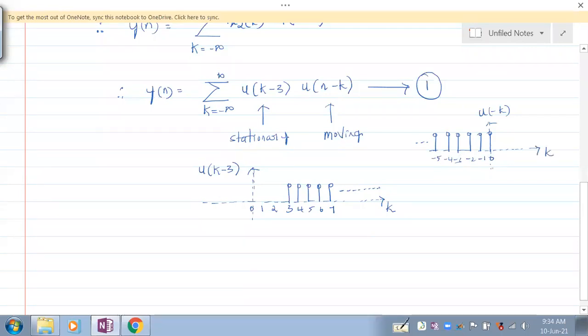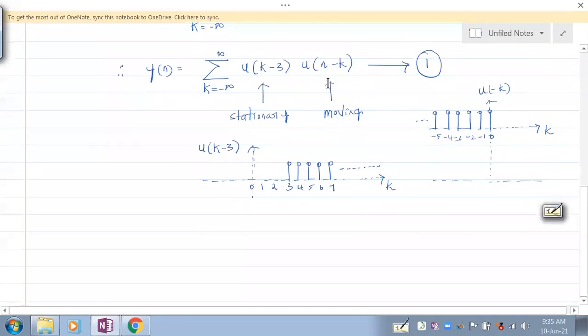Now what is u of n minus k? Everybody just see this. U of n minus k is shifting u of minus k to the right by n units. Understand that? If you shift this to the right, this is very important, it should now go and stop at n.